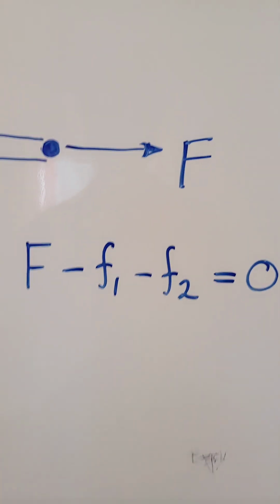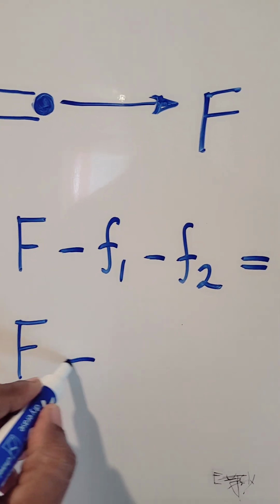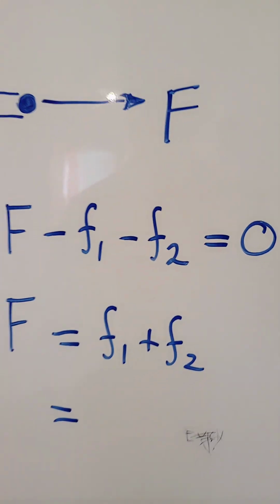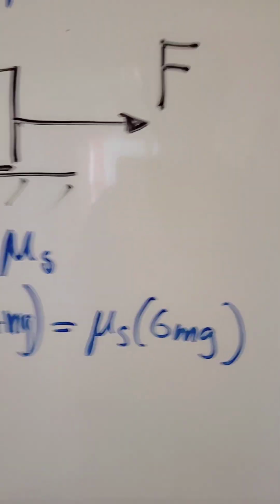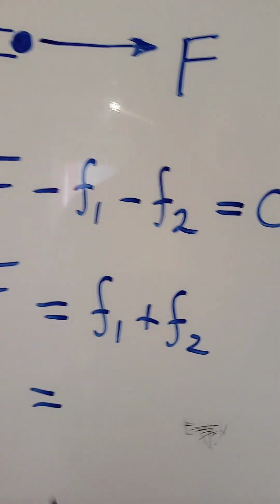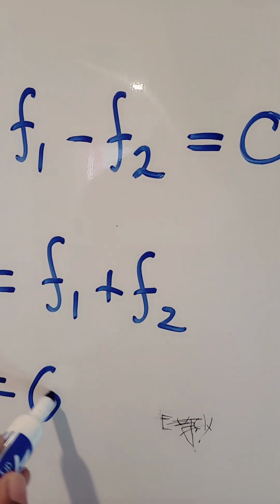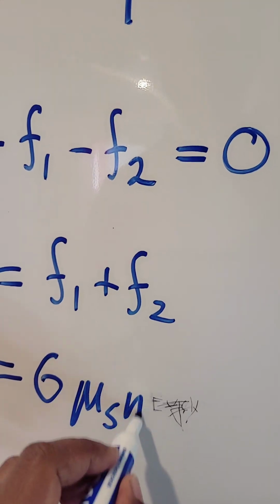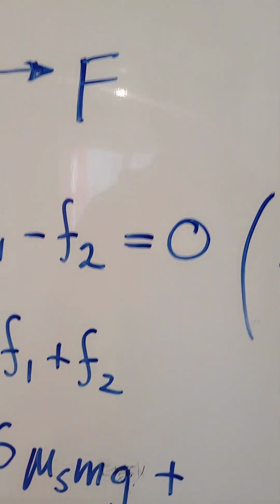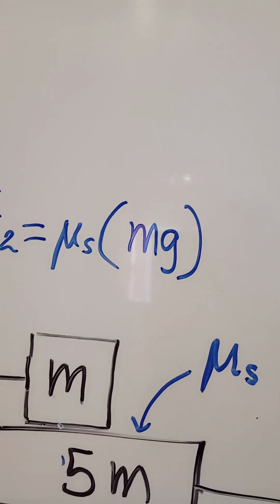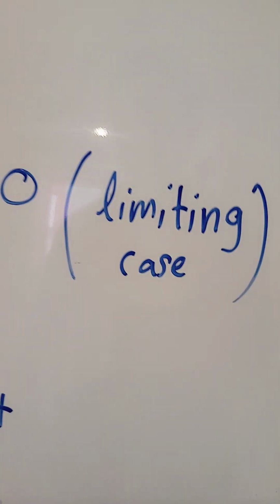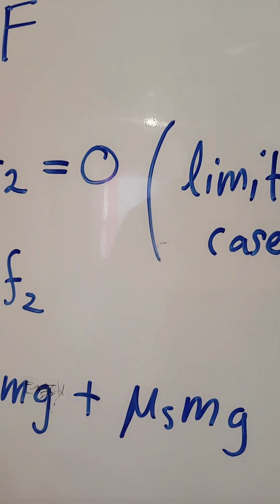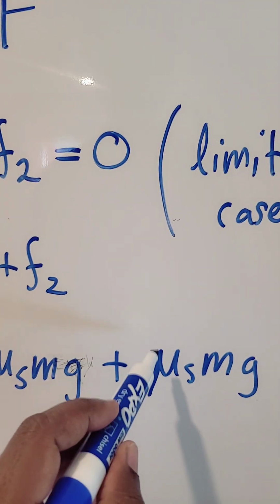So then you can write that force is equal to F1 plus F2. And then you can go ahead and substitute. So here F1 is, I'll factor out, 6 mu s mg plus then F2, look, it's mu s mg. So then I have 6 and a 1 here.